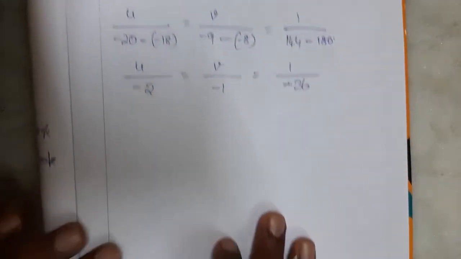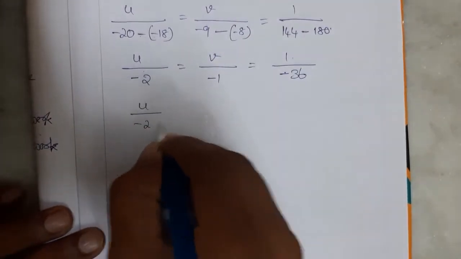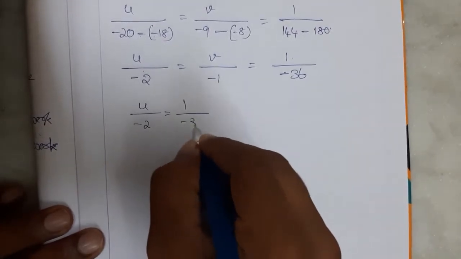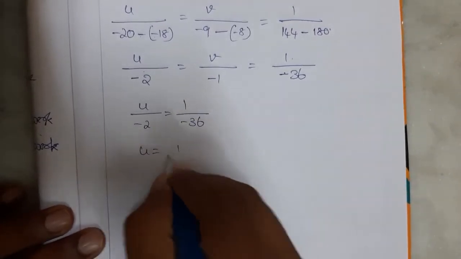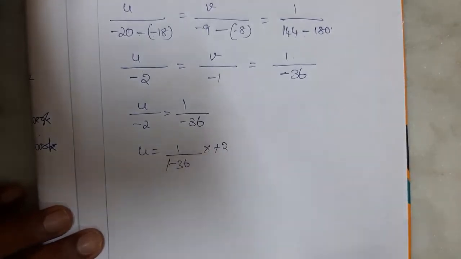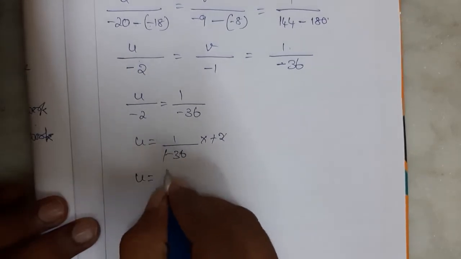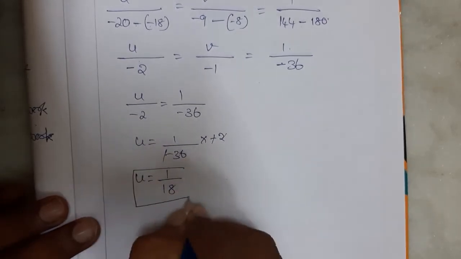Careful on the sign. So now we compare the first and last, U by minus 2 is equal to 1 by minus 36, so U is equal to 1 by minus 36 into minus 2. Minus minus cancel, 2 into 18 is 36, right? So U is equal to 1 by 18.